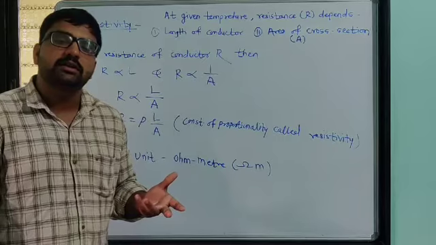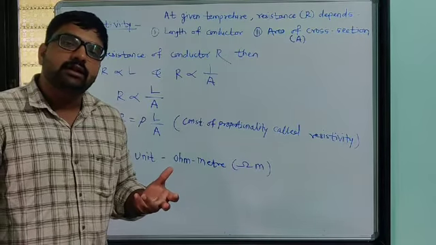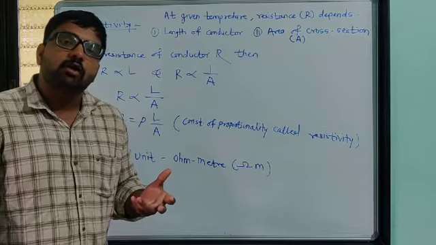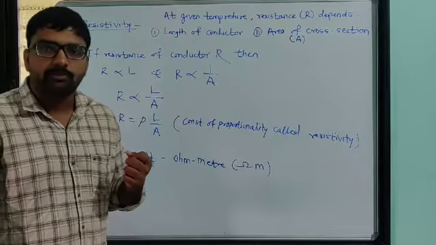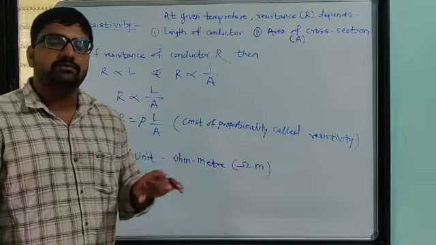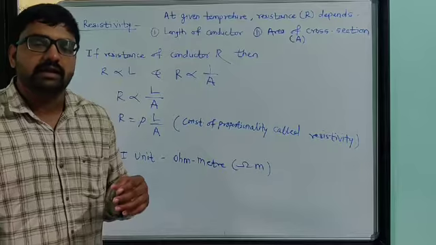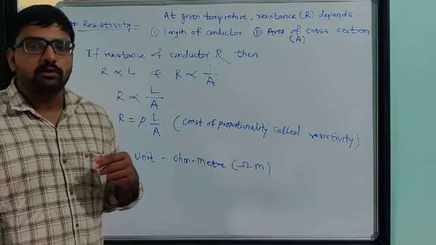Hindrance means simply what? It deflects, or we can say makes an obstacle in the path of the moving electrons. Due to the collision between electrons and atoms or ions, the path of the electrons is deflected.